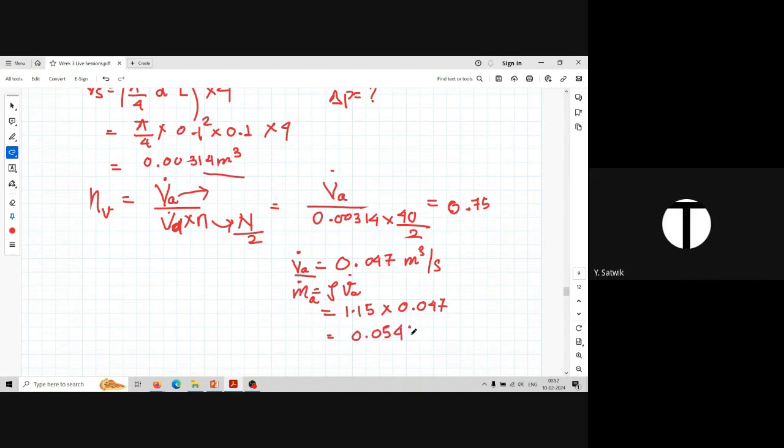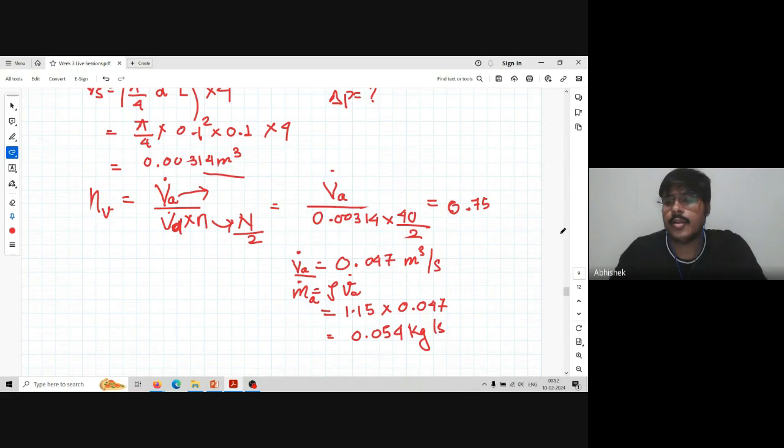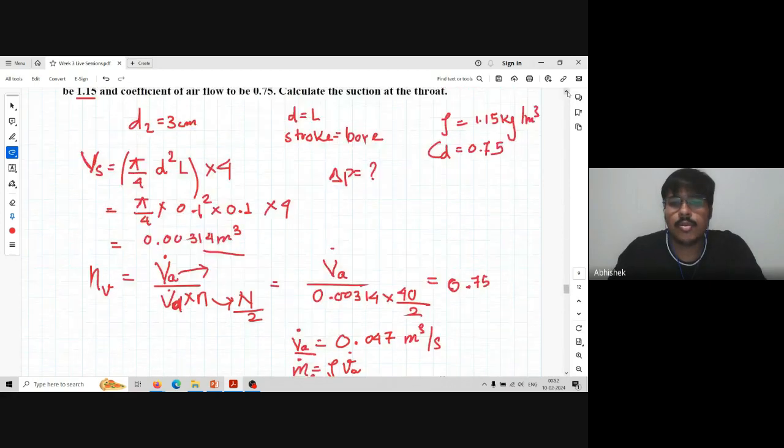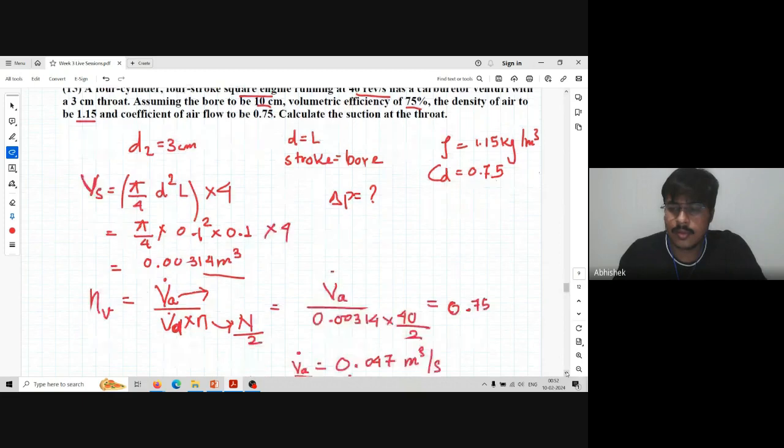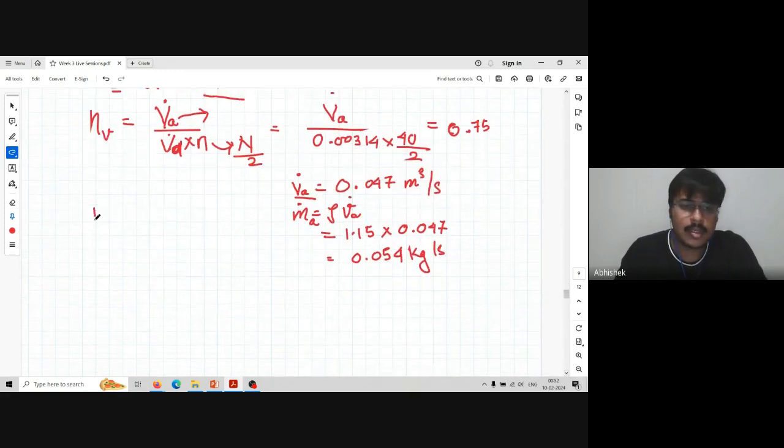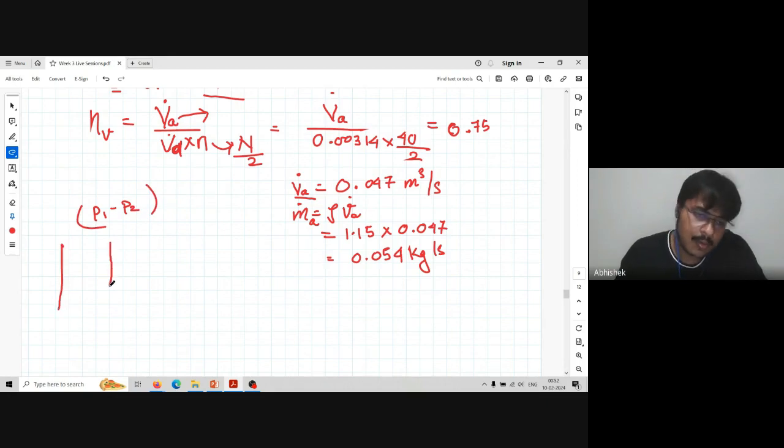0.054. Correct. I think after this it is very easy for you to solve, because you have the flow rate and you have the diameter. It is asking for the suction at the throat, so it is asking P1 minus P2 for the air.